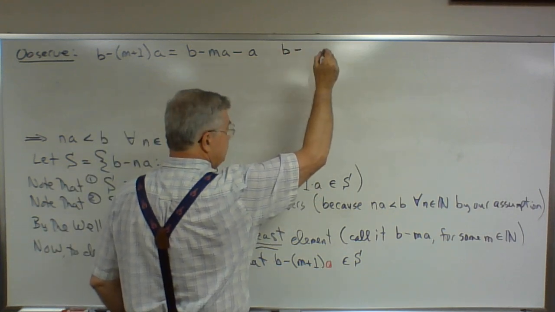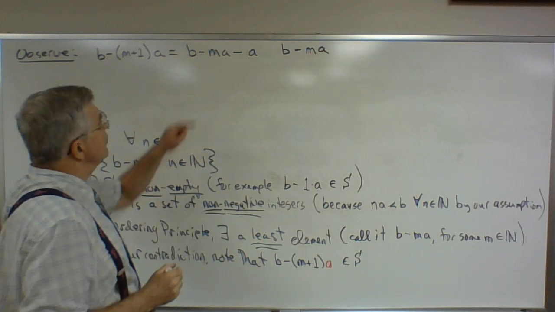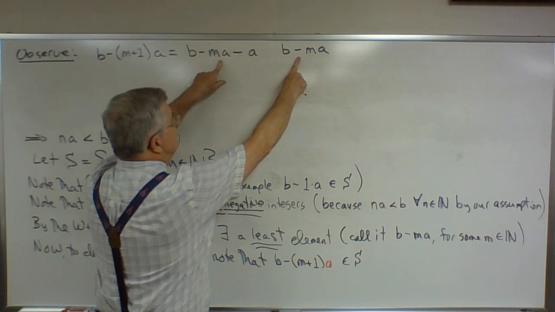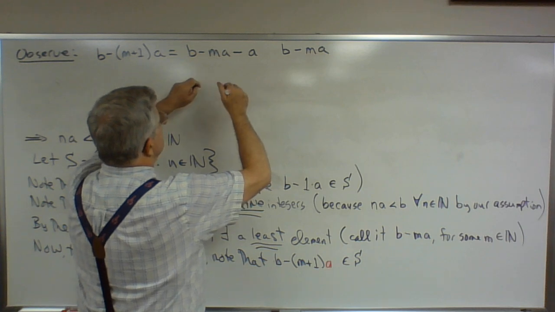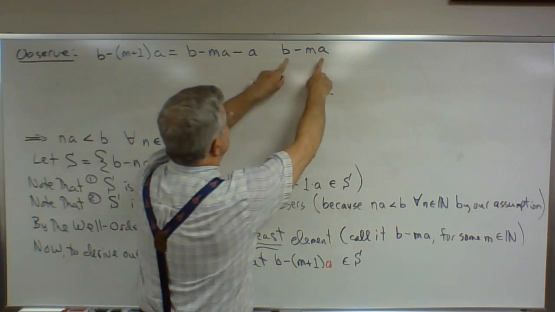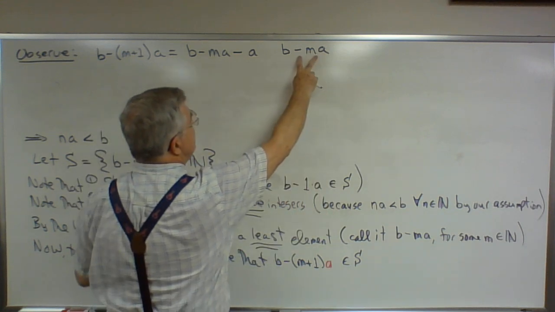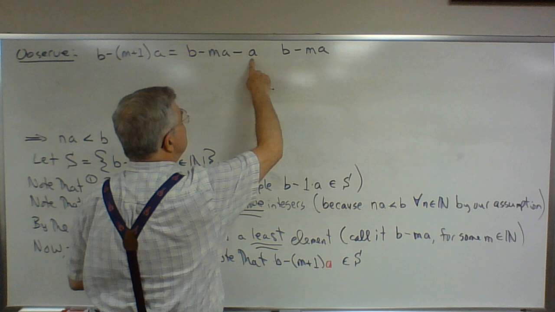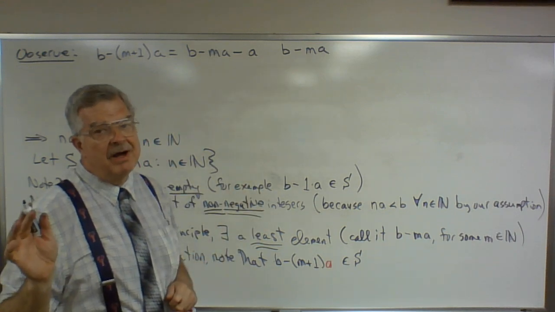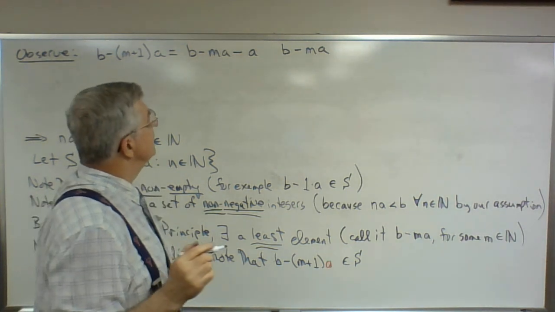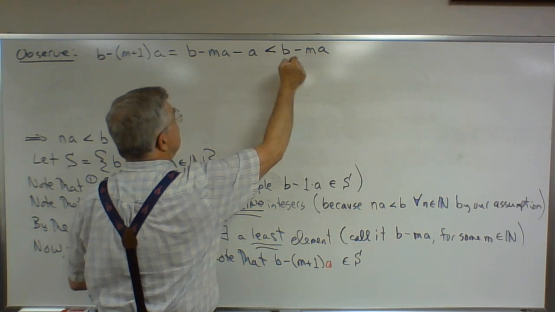B minus ma. Which one of these two is smaller? Well, let's see. To get this expression, we're taking b minus ma and we're subtracting something positive. Remember, a and b were both positive integers. So this thing has to be less than that thing.